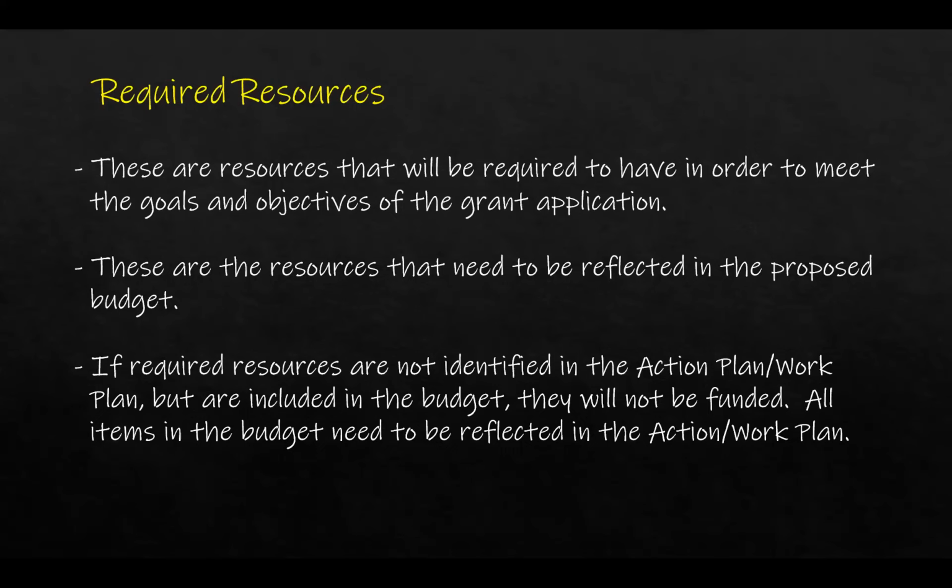What's it going to cost me to install these water fountains? Make sure you've got all your bases covered on that. If they're not covered in your action plan or your work plan and you put them in your budget, it's not going to be paid for. So you have to be real conscious of exactly what's going to happen and reflect that in your work plan.